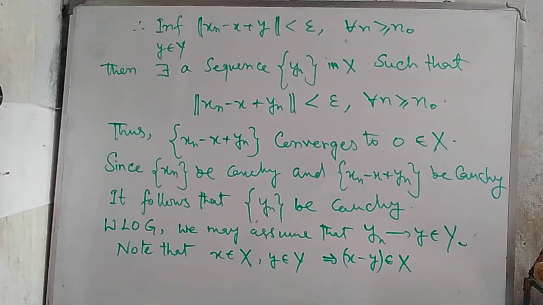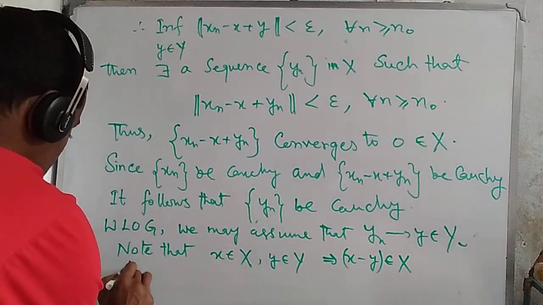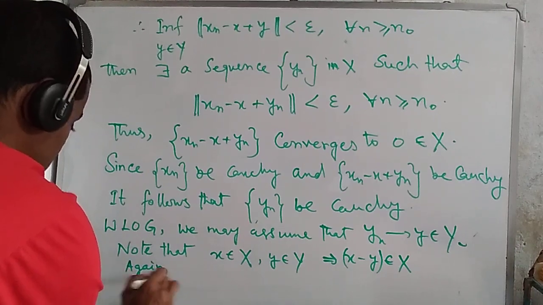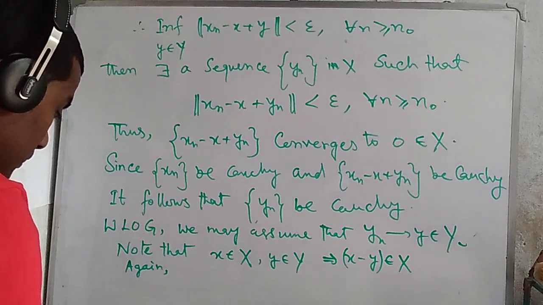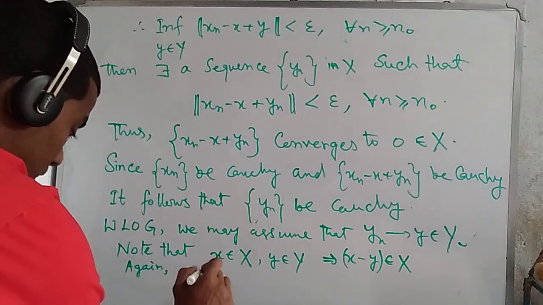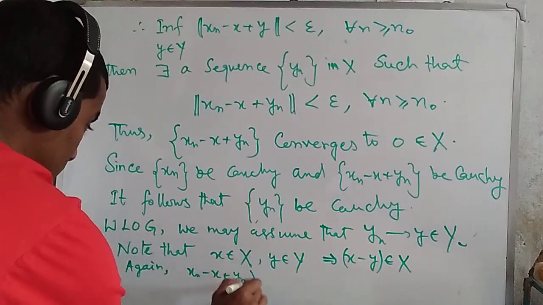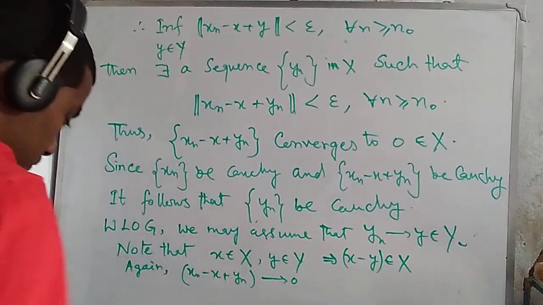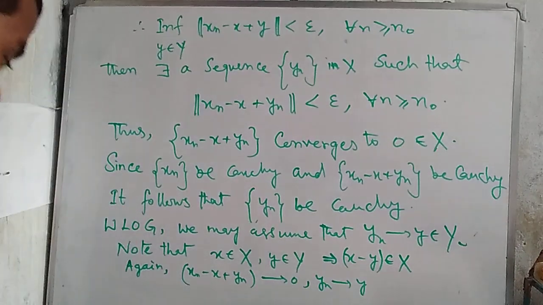So we write again: xn − x + yn converges to 0 and yn converges to y.